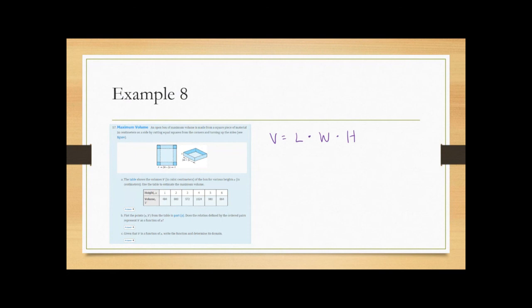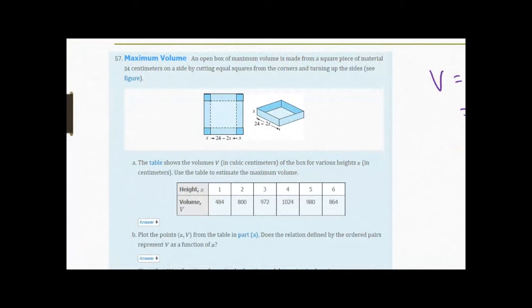This is a step that you often have to do in calculus, except that when you get to calculus, you do a lot more than we're doing here. The length, when you're looking at this picture, is labeled 24 minus 2x. And it says that this is coming from a square, so the width is going to be the same. The width is also 24 minus 2x.